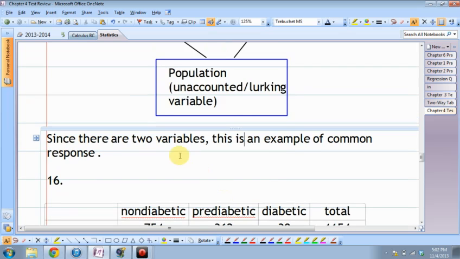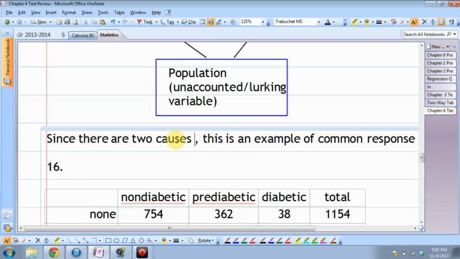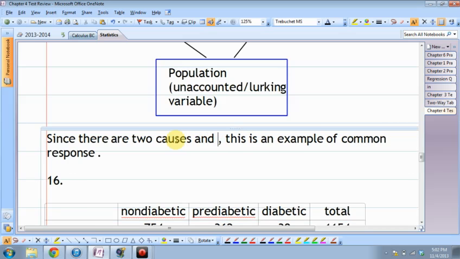Since there are two variables, there are two effects and one cause.